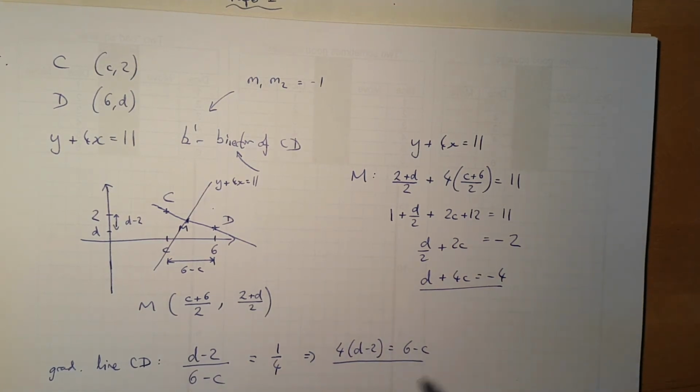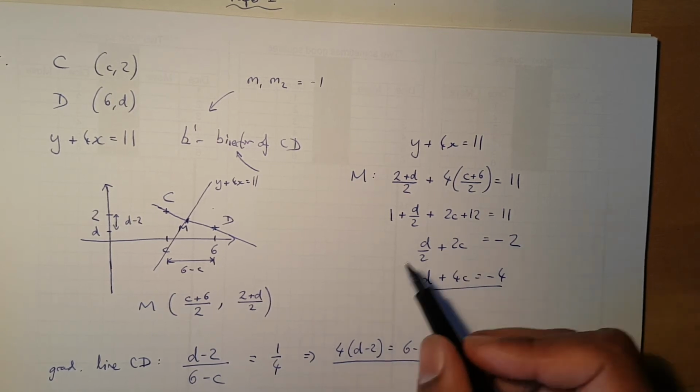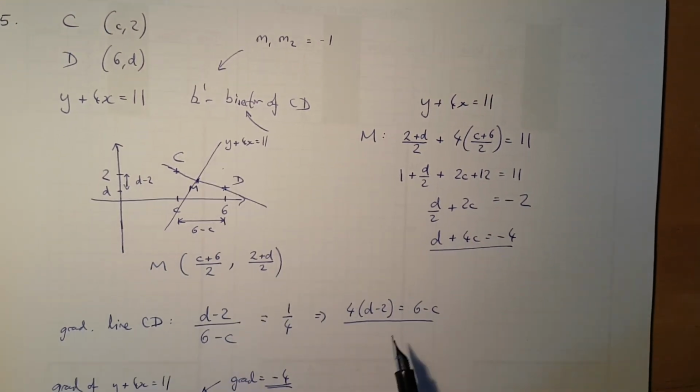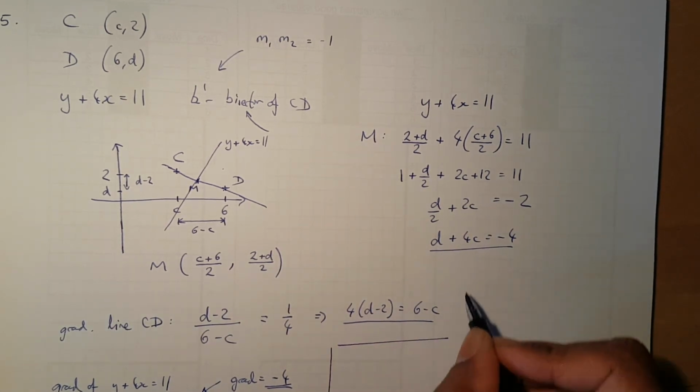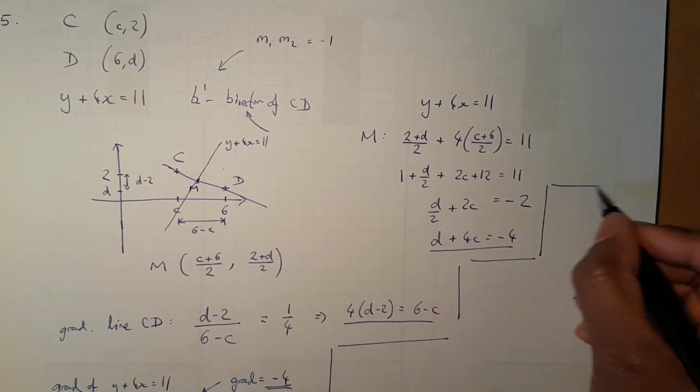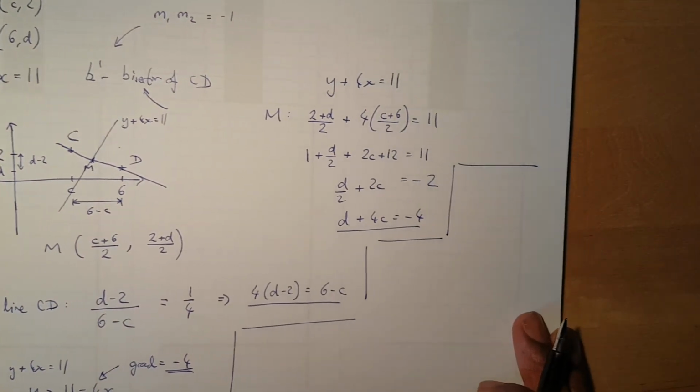And now I should be able to simply calculate that without, hopefully, too much trouble. So I've got an equation in D and C here, and an equation in D and C here, so I should now be able to solve it. Just so it's a little clearer, I'm going to create a little space over here to work in.